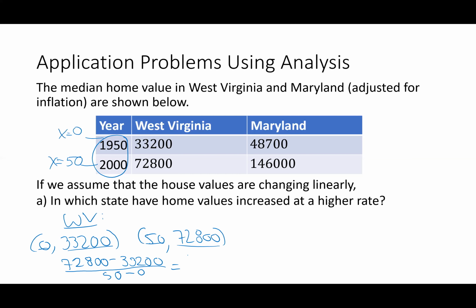All right, so let's go ahead and do these. I'm literally using the phone calculator right now. And we get 39,600 divided by 50. And we have a rate of 792.